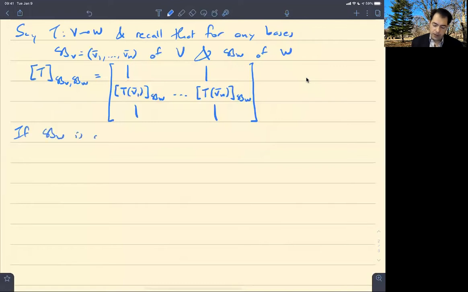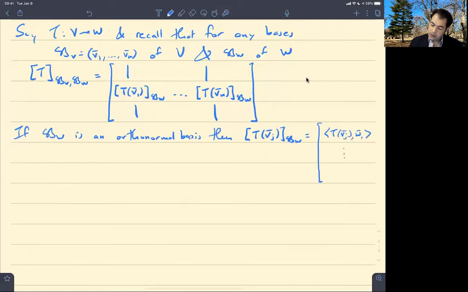If BW is an orthonormal basis, then the vector T of vj represented with respect to the basis BW would have entries, coordinates, inner product of T of vj with w1, dot, dot, dot, up to the inner product of T of vj with wm.